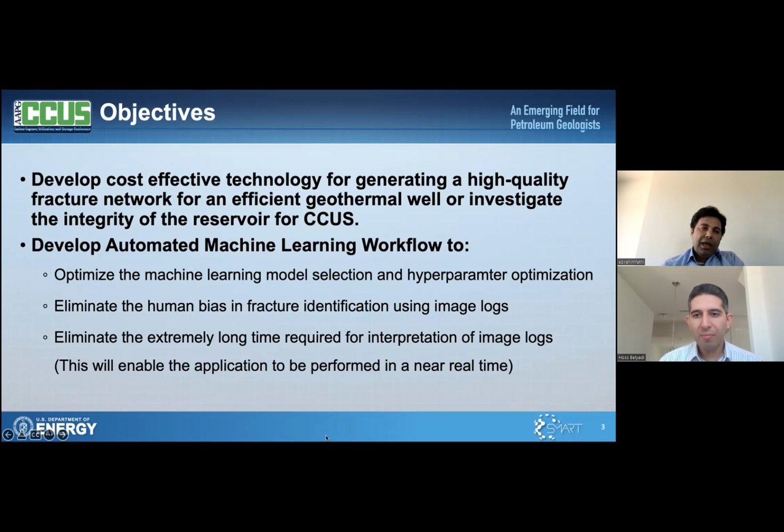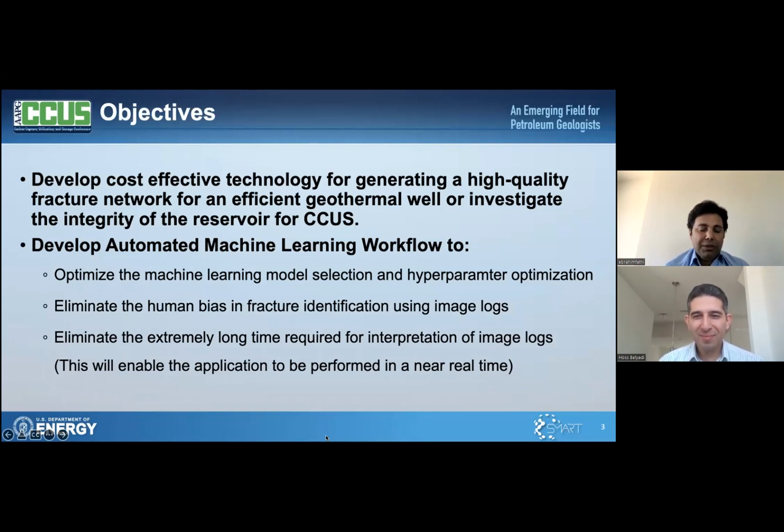Imagine we have more than 10,000 feet of lateral well, and whoever is doing the log interpretation has to sit down and go feet by feet along this lateral, try to find the fractures, pick them by hand manually, and come up with the number of fractures, the directions, and the depth.